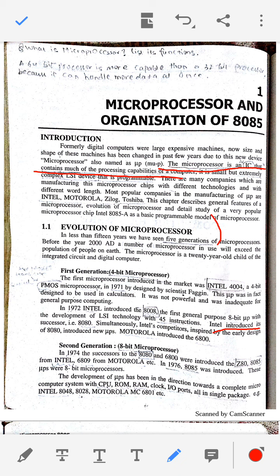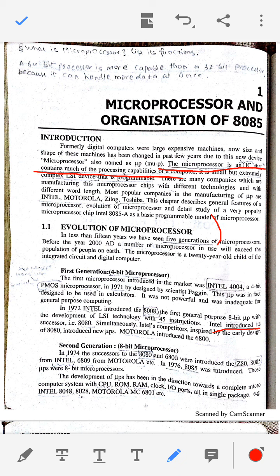For example, C++ is a high level programming language. Humans write the code, and that code is compiled and converted into machine code. This work is done by the compiler. Then the machine understands the instructions given by the human.